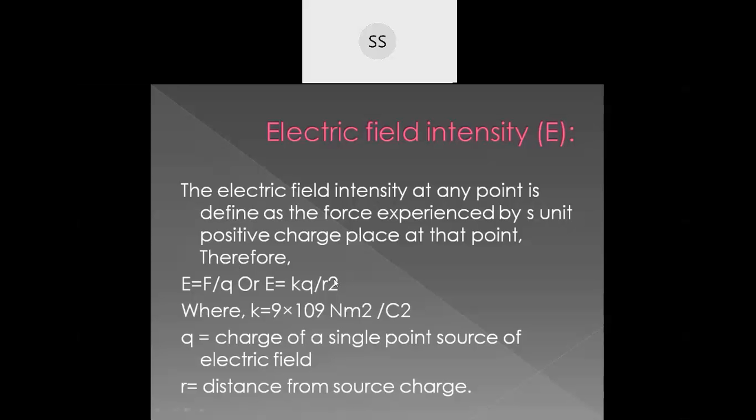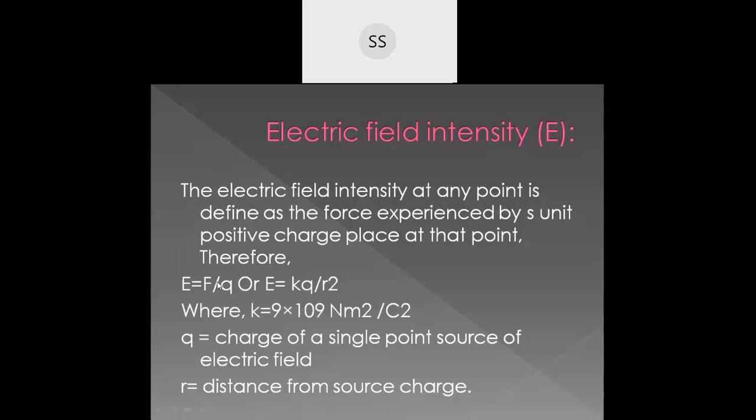It will be capital Q. Please put this point as capital Q, the source charge. So in the final equation, the charge of the test charge will not be counted, only the charge of the source charge will be counted. Please keep this charge as capital Q. This will be the amount of source charge.